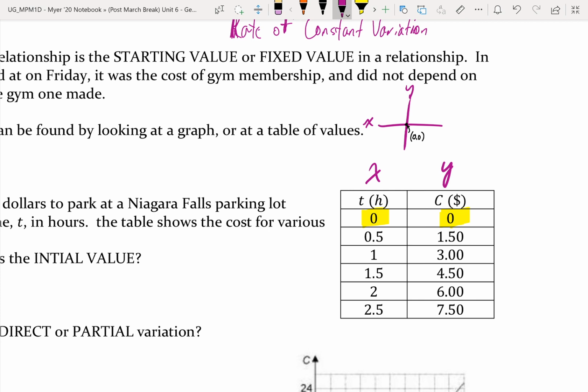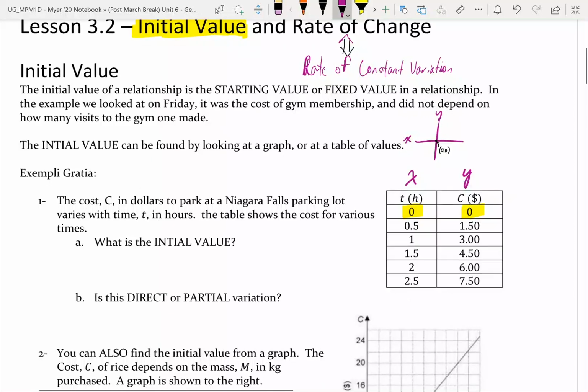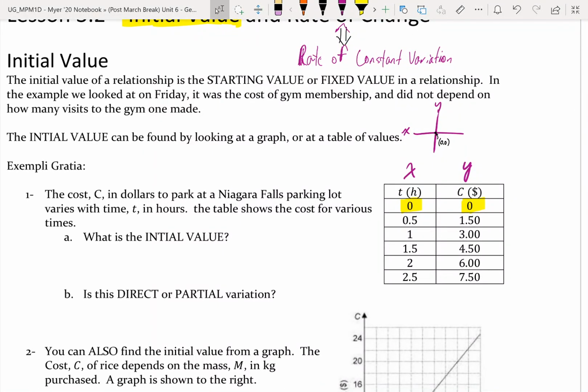So we actually see that this point is on the graph at 0, 0. In this example, this is the cost in dollars to park at Niagara Falls parking lot. So with no time, you pay no cost. What is the initial value? Well, the initial value is 0.